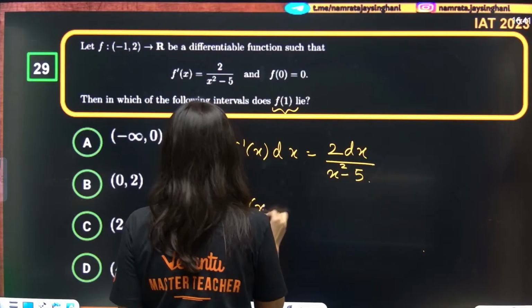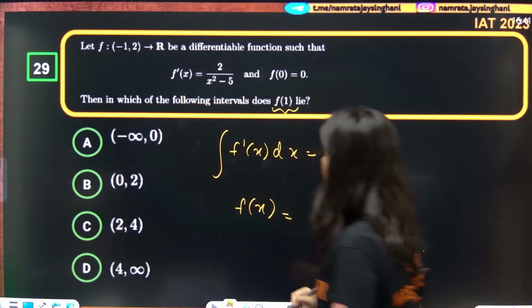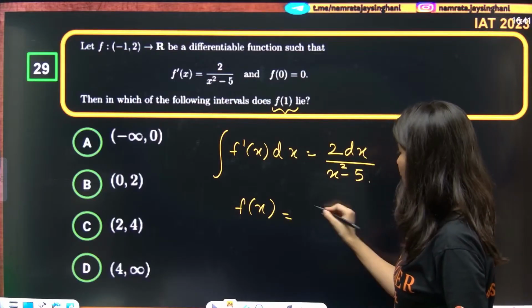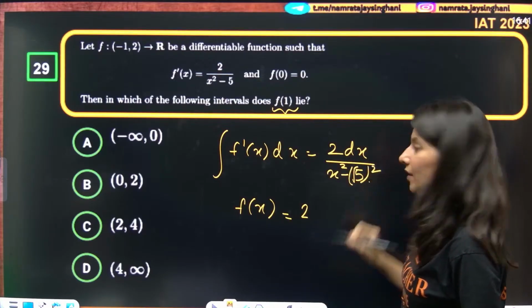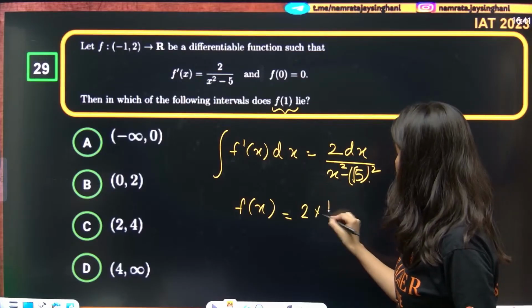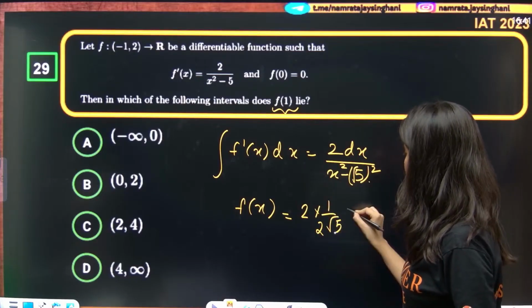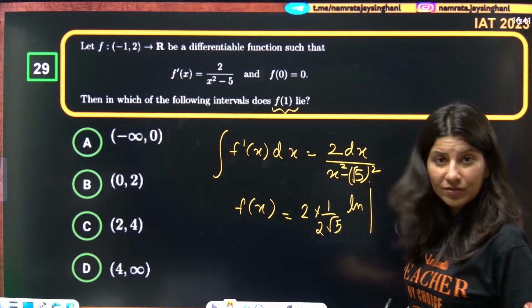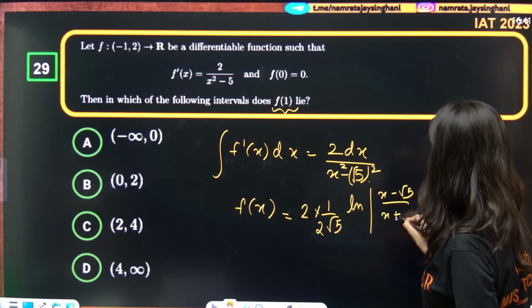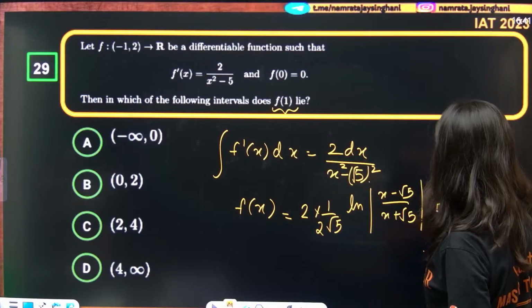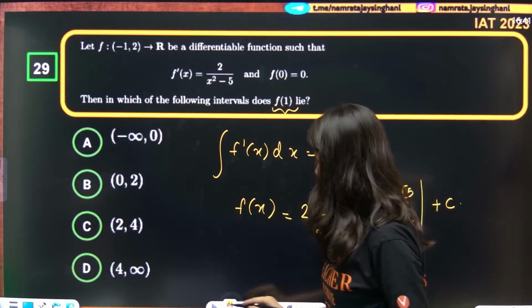So this is your f of x, and this is your 2, and this is root 5 whole square. So 1 upon 2a, 1 upon 2 root 5 log of mod of x minus root 5 upon x plus root 5 plus c. Now f of 0 is 0.